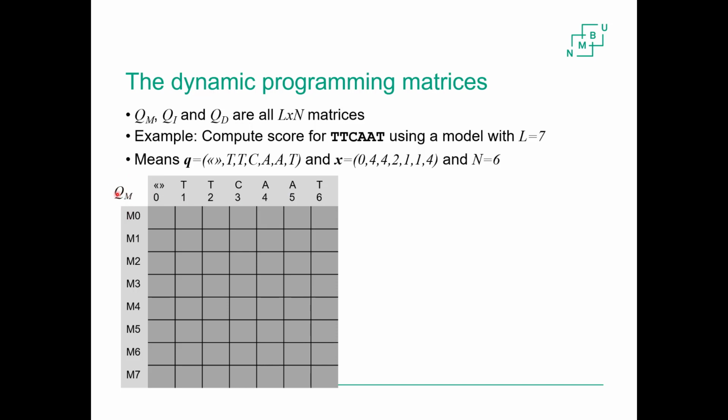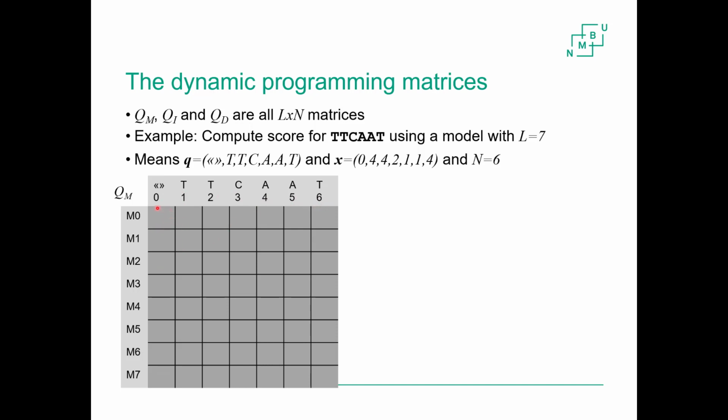And then for QI and QD we have exactly similar matrices, except that the rows are named I0 to I7 and D0 to D7. There is the same number of rows and exactly the same columns.